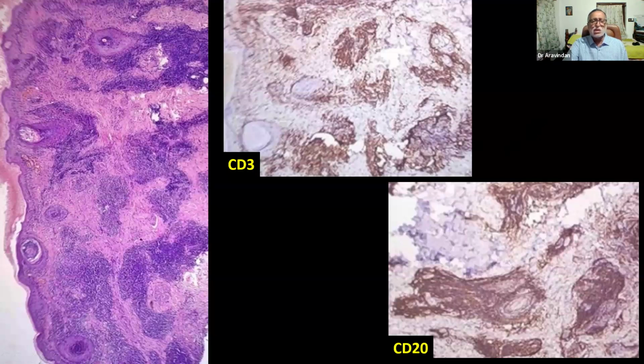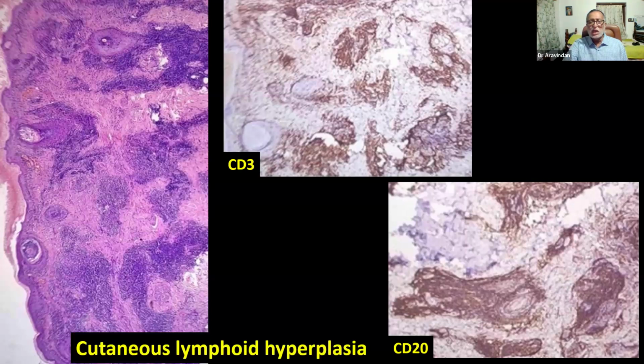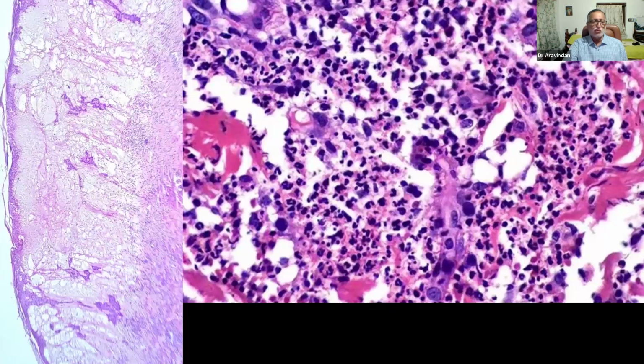Some of them may be associated with borrelial infections, though I have not personally seen that. I've seen marginal zone kind of proliferation, but of course we could never really link it to a borrelial infection. So cutaneous lymphoid hyperplasia is another condition that produces this heavy dermal, lymphocytic infiltrate.